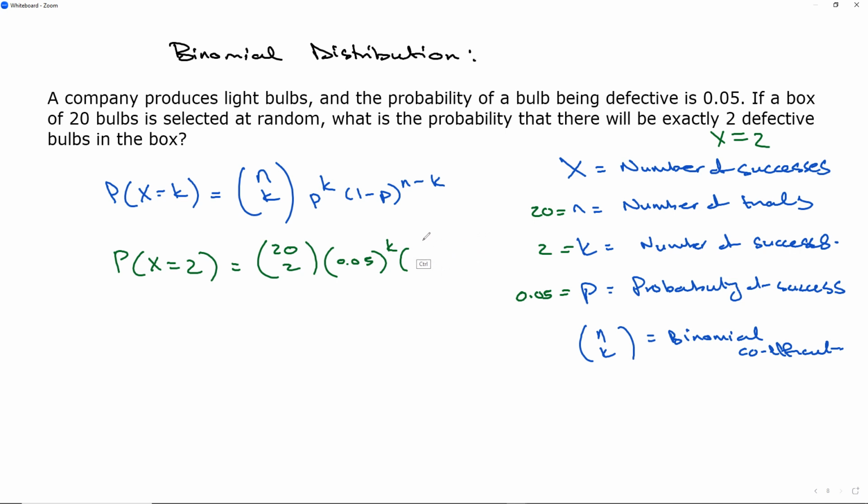All right, so what is k? k is 2. So that's (1 minus 0.05) to the power of 18, or 20 minus 2.